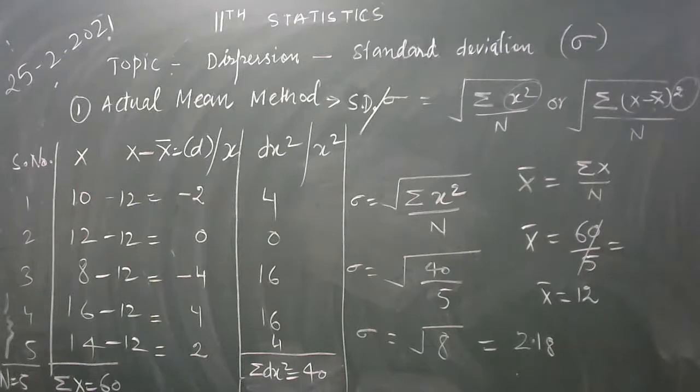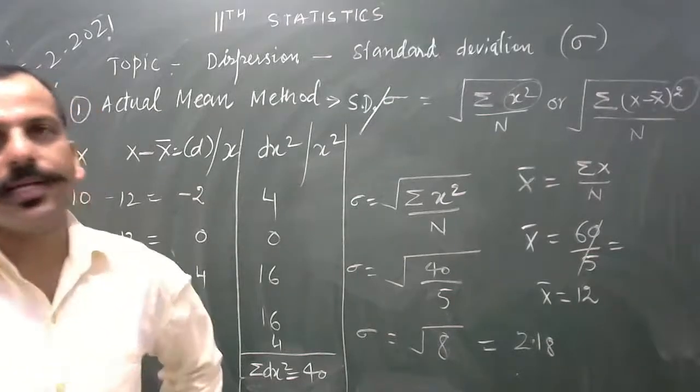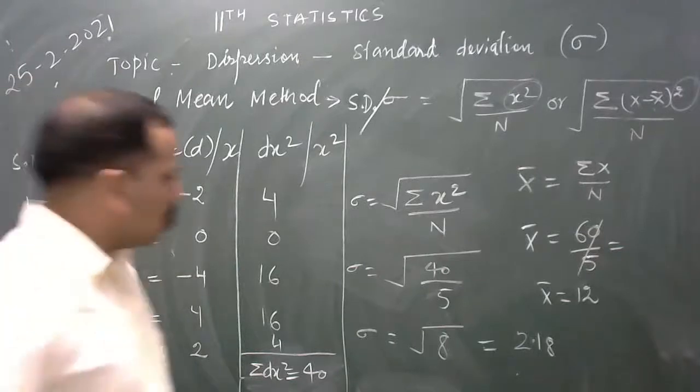Okay. How many are getting the same? 2.8. Okay, that is up to 1 decimal point. 2.8.